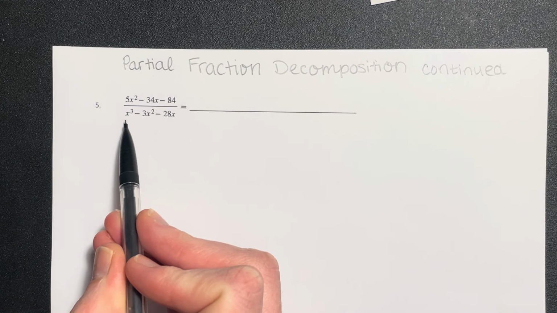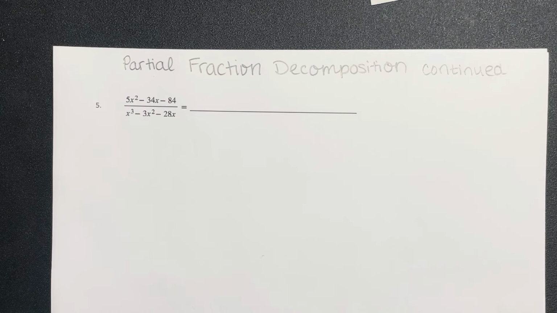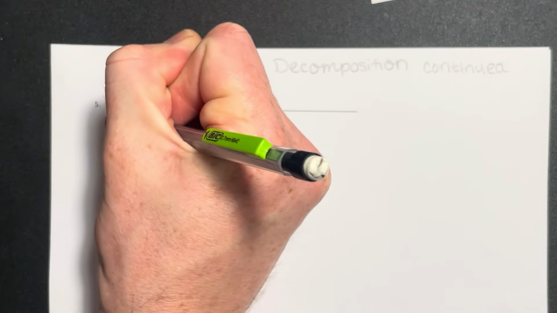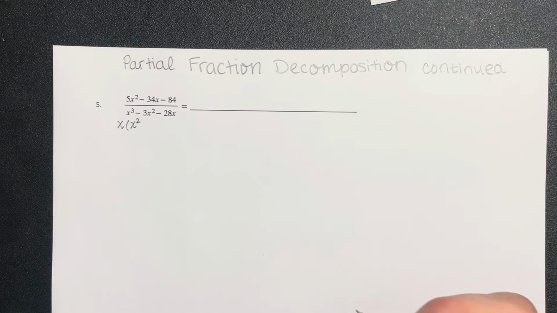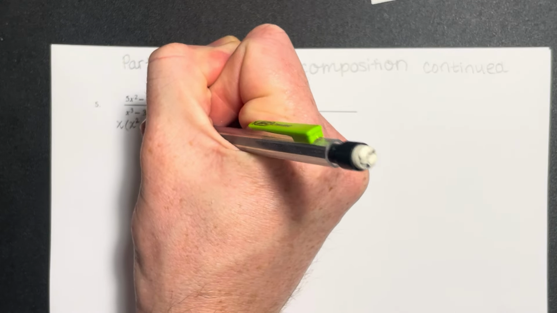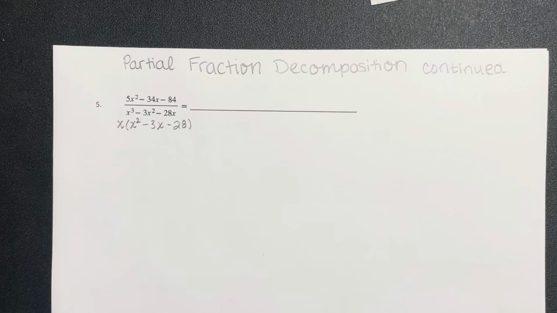So as I look at x cubed minus 3x squared minus 28x, we can factor out a greatest common factor of x. So if we did factor out an x, we would be left with x times x squared minus 3x minus 28. But that could continue to factor.